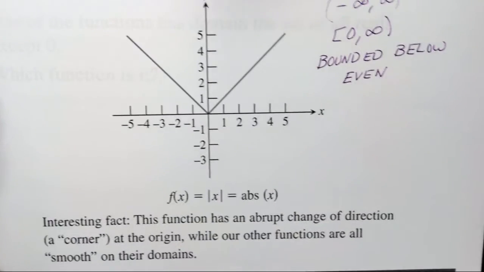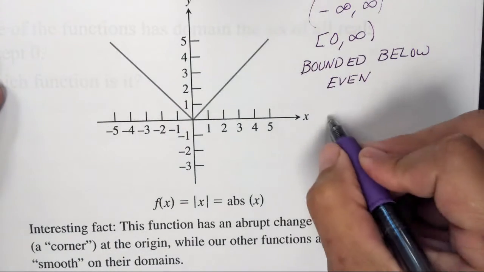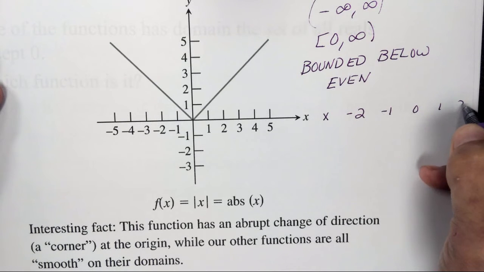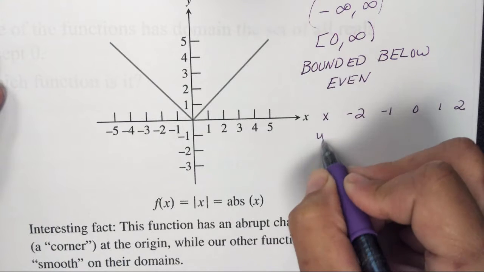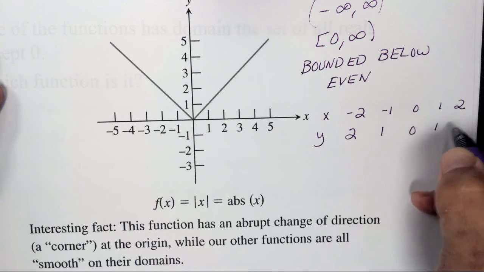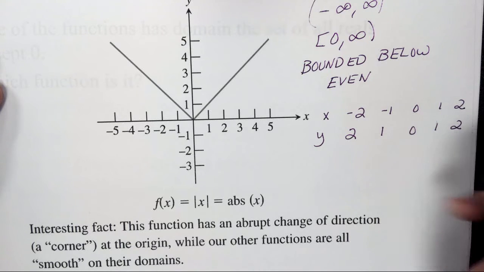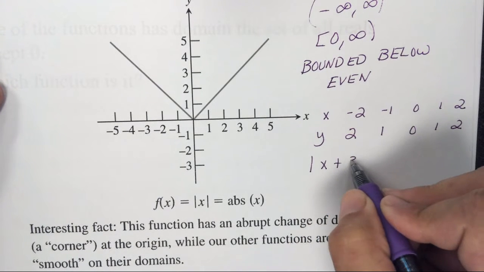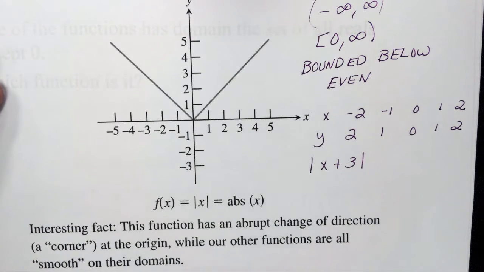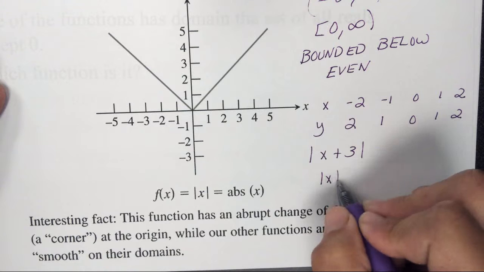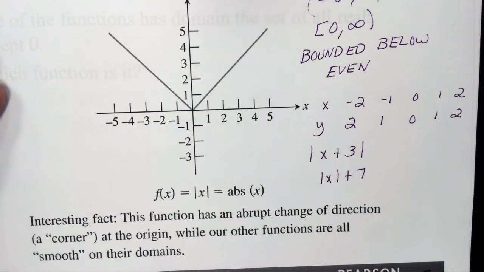So, because the domain is all real numbers, is it perfectly okay to choose -2, -1, 0, 1, 2 for my parent points? And what is the absolute value? 2, 1, 1, 2. And then this would do what to those parent points? Left 3. This would do what to those parent points? Up 7.